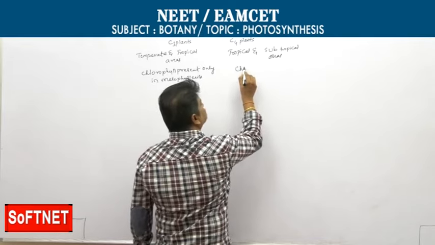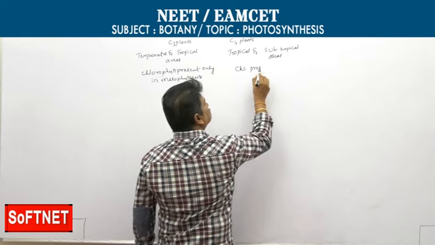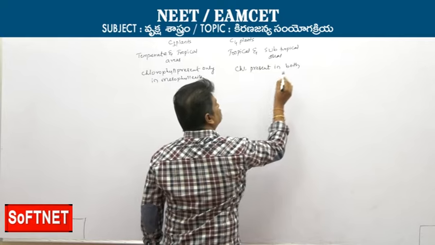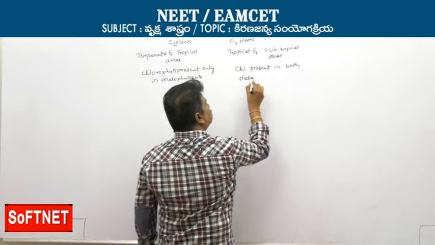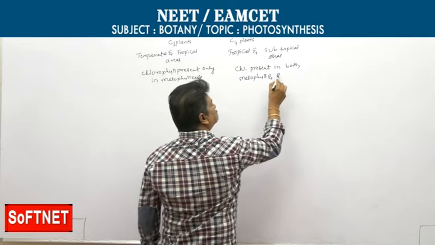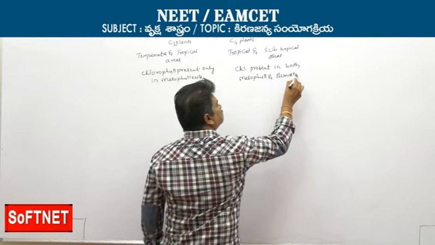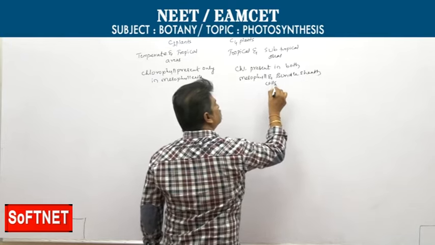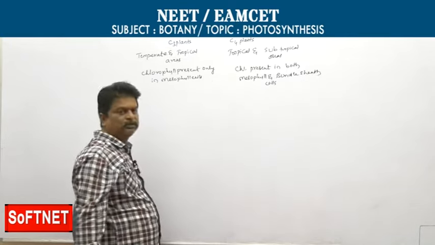C4 plants, chlorophyll is present in both mesophyll and also bundle sheath cells. Mesophyll and bundle sheath cells.